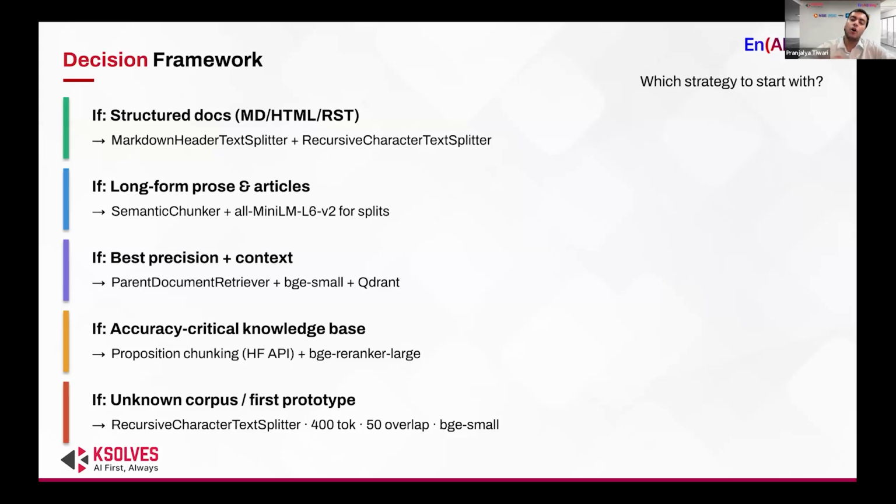When you have very long form prose and you want to split it into self-contained facts or self-contained groups of text, then you go with semantic chunker. When you need the best precision plus context, meaning I need the most accurate sentences as well as the underlying concept or the context behind it, then we go with parent document retriever.